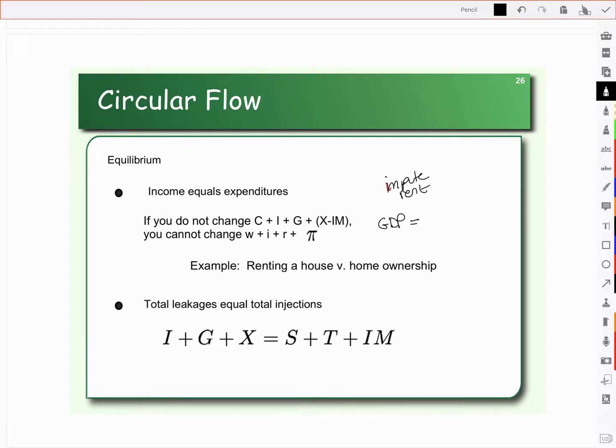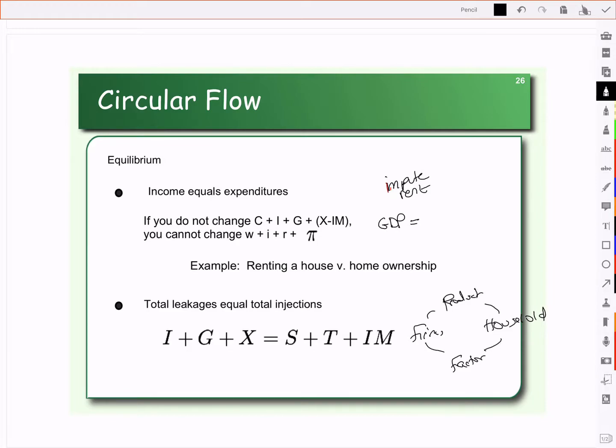Well, what if our income is not equal to our spending? When our income is not equal to our spending, the economy is either growing or shrinking. In equilibrium, if we look at that circular flow diagram, we had households, we had firms, we had our factor market, and we had our product market, our very simple circular flow.